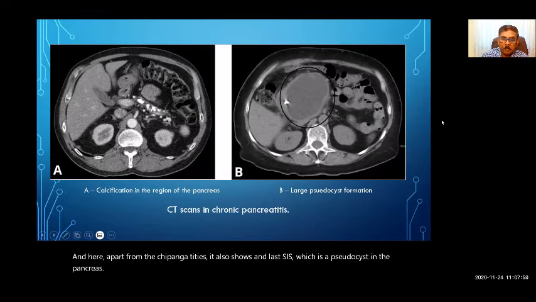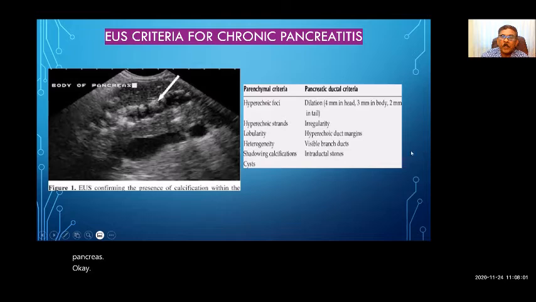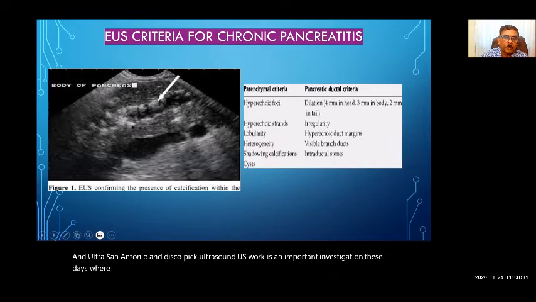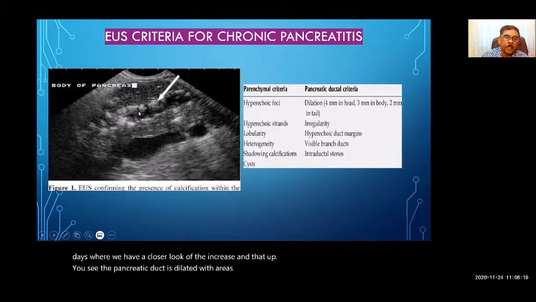And endoscopic ultrasound, as I told you, is an important investigation these days, where we have a closer look at the pancreas and the duct. You see, the pancreatic duct is dilated with areas of stricture, narrowing, and multiple stones within it.